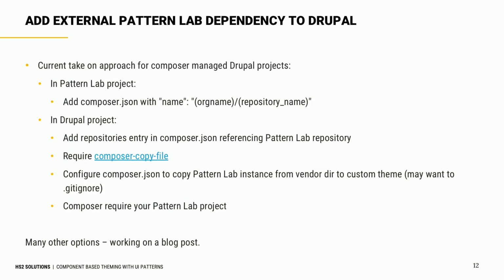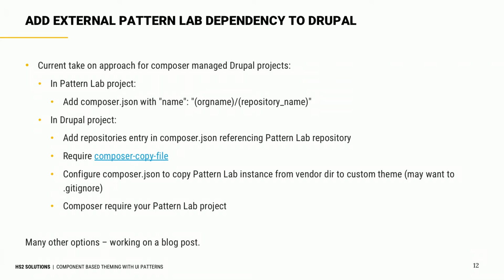So you could do this by having, so your pattern library has a composer JSON file that defines it as something that you can include and require via composer. And then in your Drupal project that is managed using composer, you add an entry for your repository that your pattern library lives in.